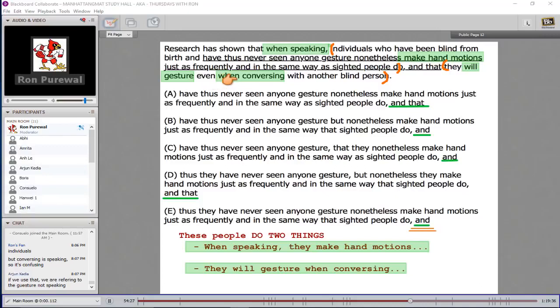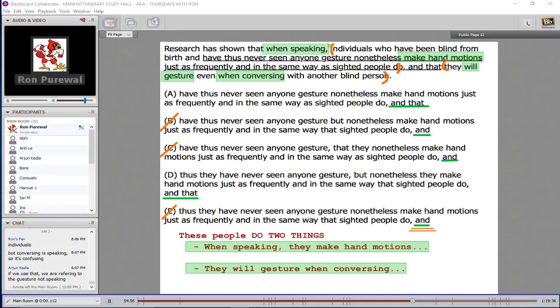I mean, conversing with another blind person, when speaking, when conversing, that's a redundant description. You can't use this to describe something that's already there. There are other ways you can eliminate these choices too. If that seems like a lot of consideration, we're going to look at other things in a sec. But these are goners.